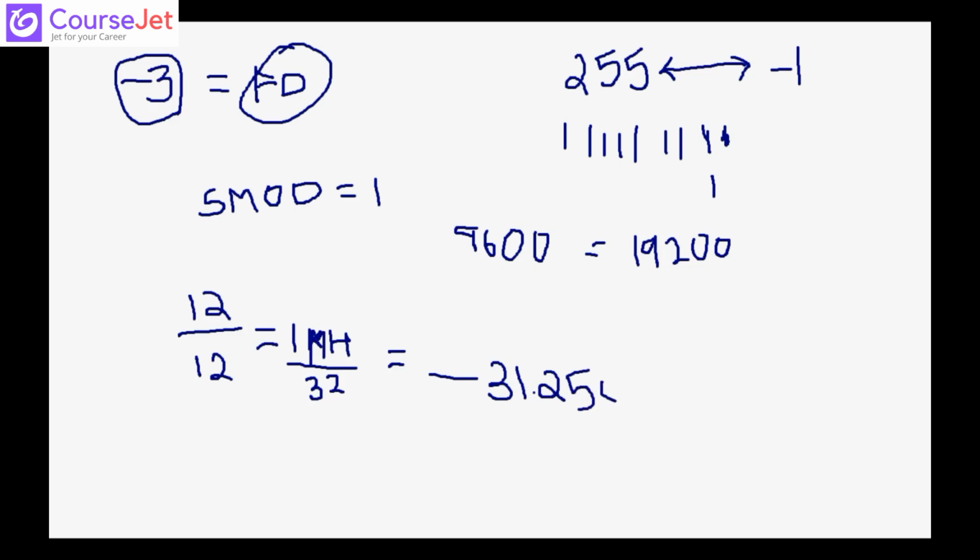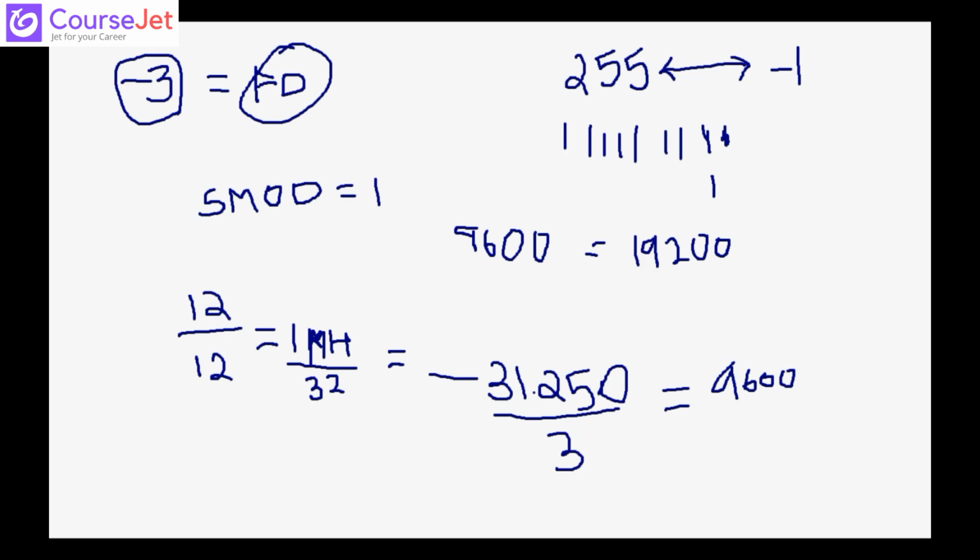If you get this particular value, by what value should you divide it to get 9,600? Will you get 9,600 properly? No. If you divide it by 3, I'll not get 9,600, but I'll get 10,416.